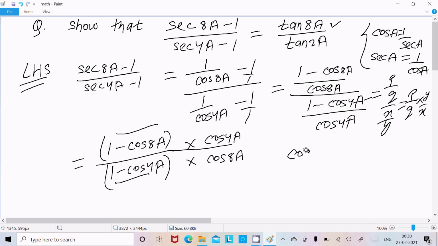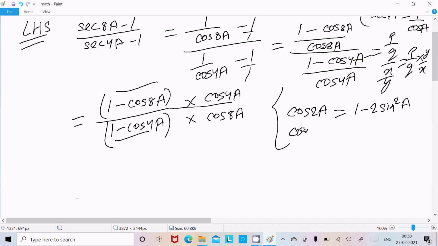So we know that cos 2A equals 1 minus 2 sin square A. If I replace A with 2A, so here 1 minus 2 sin square 2A. So this is the formula of cos 2A. Okay, so we need to calculate 1 minus.